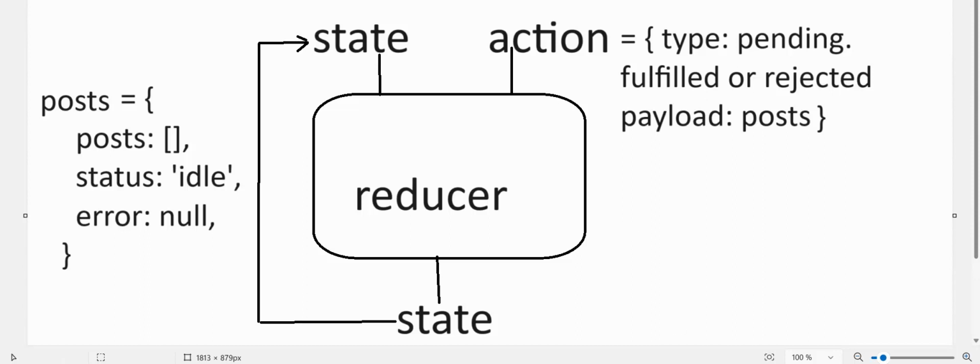And the output of a reducer is only one. It is a state, only one item, and in our situation momentarily it is an object state.